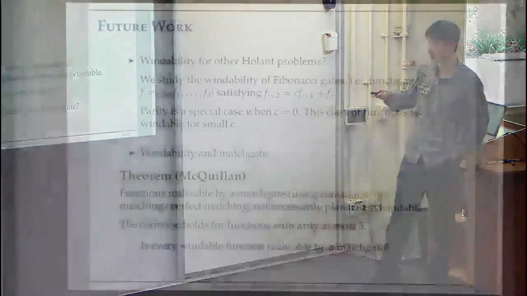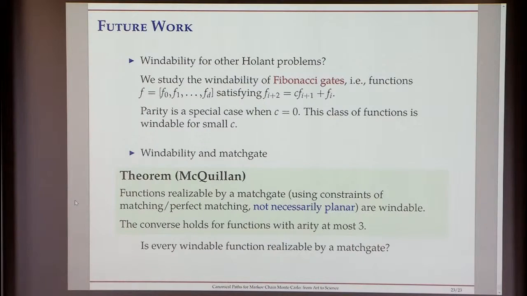We don't have any tool to achieve this. So I think in order to prove or disprove this, we maybe need some new technique to understand these functions. And that's it.